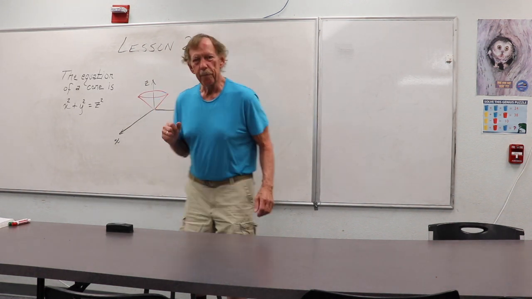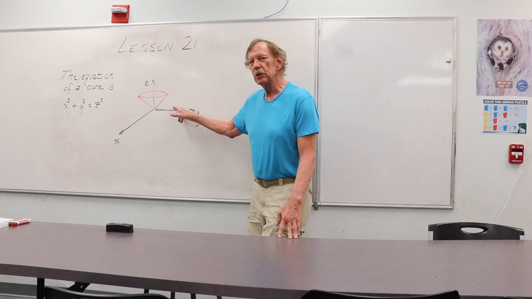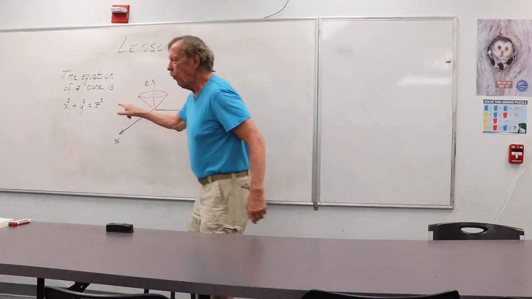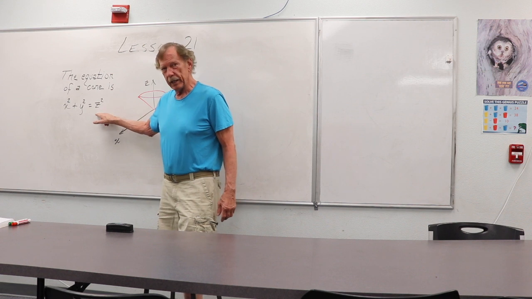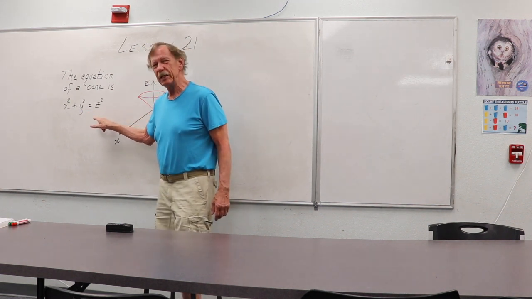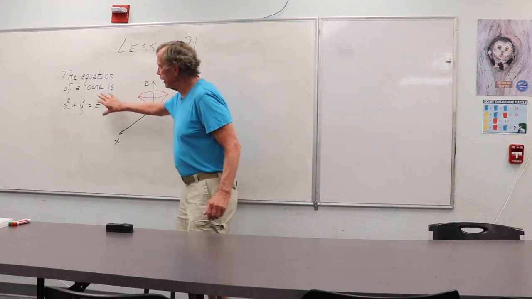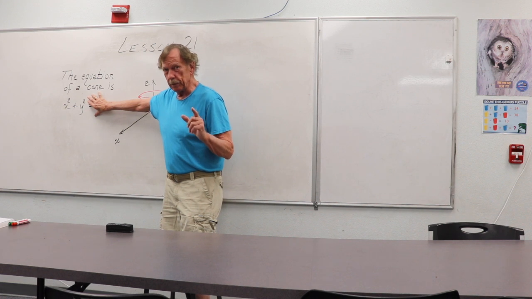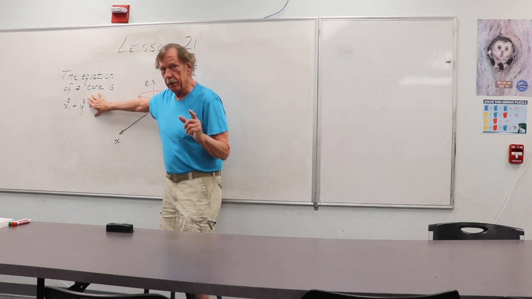Our first stop in 3 dimensions is going to be the equation of a cone. The equation of a cone is x squared plus y squared equals z squared. Now the x squared plus y squared should be a tip. Yeah, it's round.